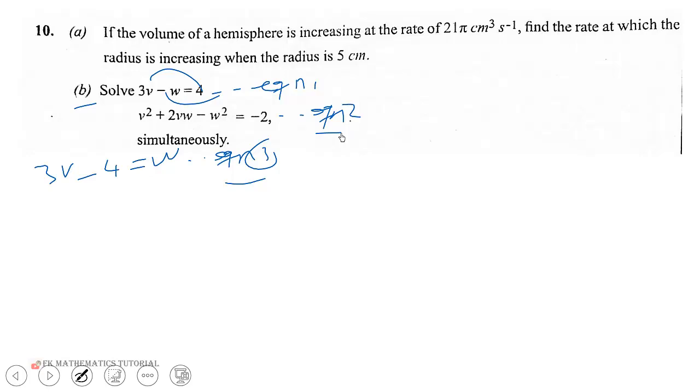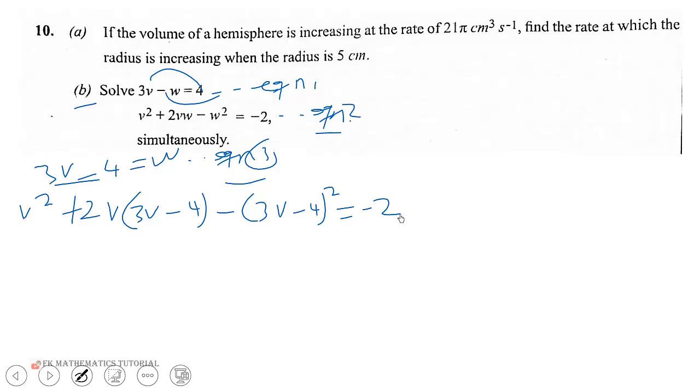So we can put equation 3 in equation 2. So that will give us v squared plus 2v times w, which is now 3v minus 4, then minus w squared, so 3v minus 4 whole squared, and that will be equal to -2.